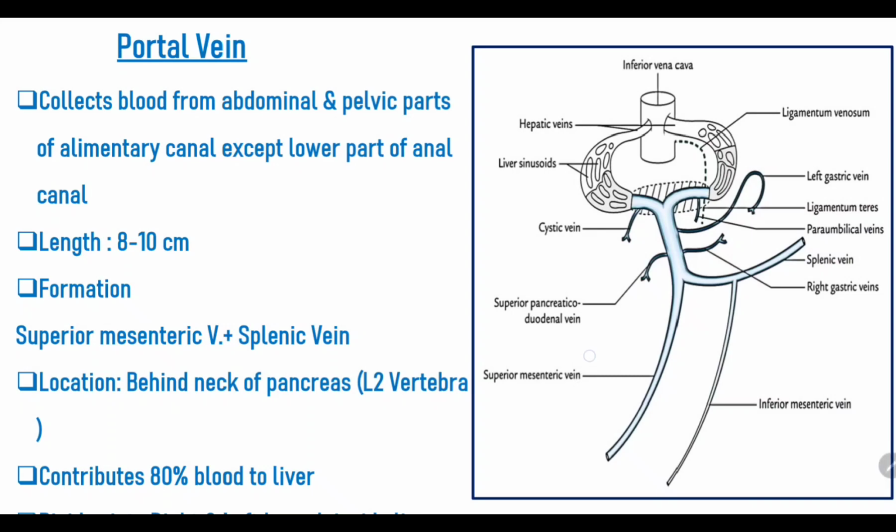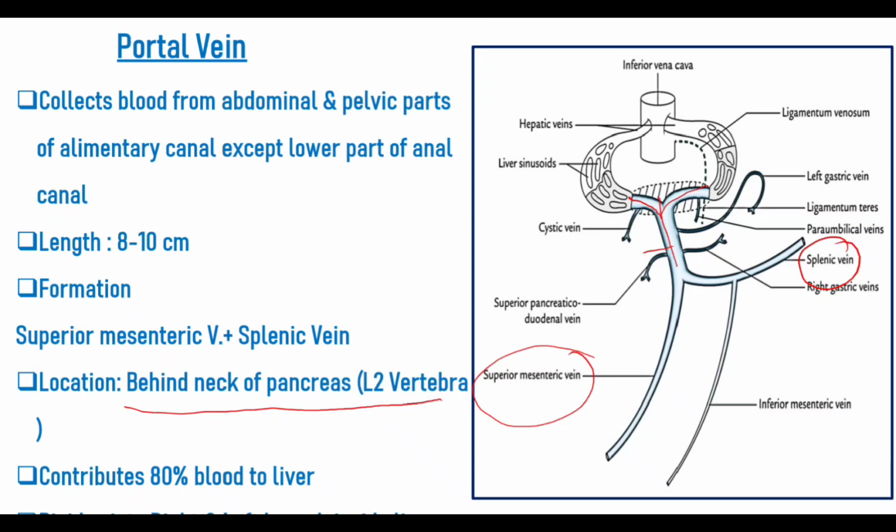It is formed by the superior mesenteric vein and splenic vein behind the neck of the pancreas at the second lumbar vertebra. It goes to the liver, and in the liver it ends by dividing into right and left branches. The portal vein and its tributaries are devoid of any valves.